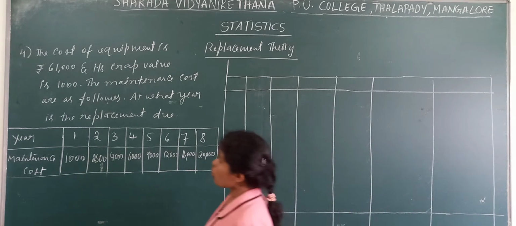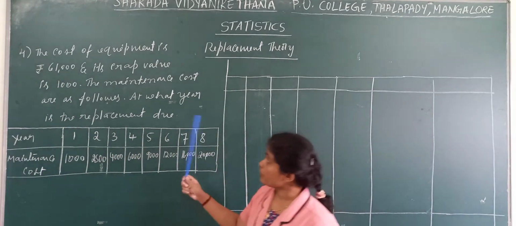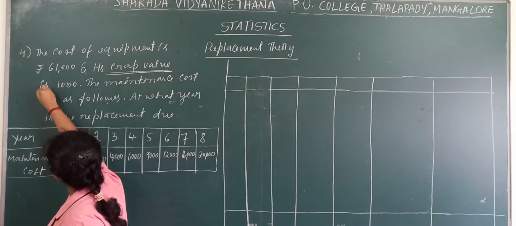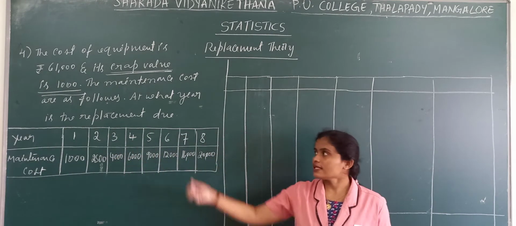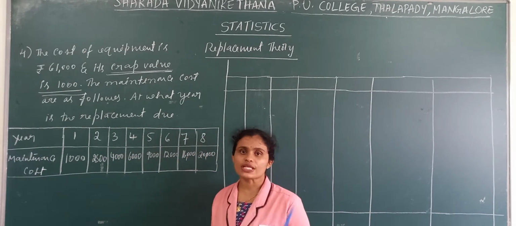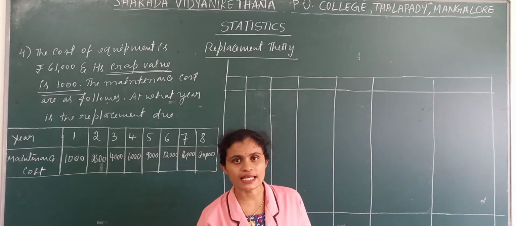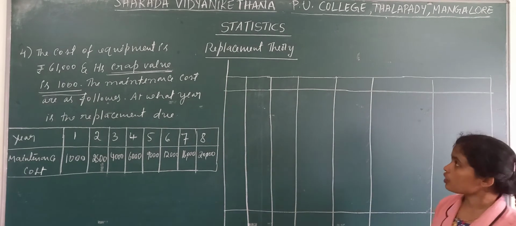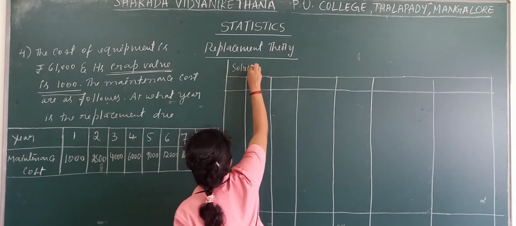The cost of the machine is given as 61,000 and the scrap value, or resale value, is given as 1,000. Yesterday we saw one problem where there is no resale value, which means we have to consider SN as 0. But here they have given scrap value as 1,000. Now take the solution.